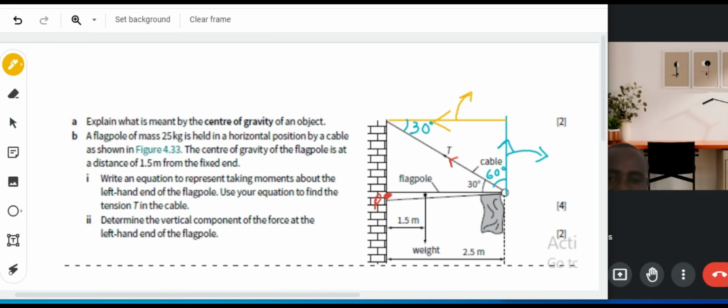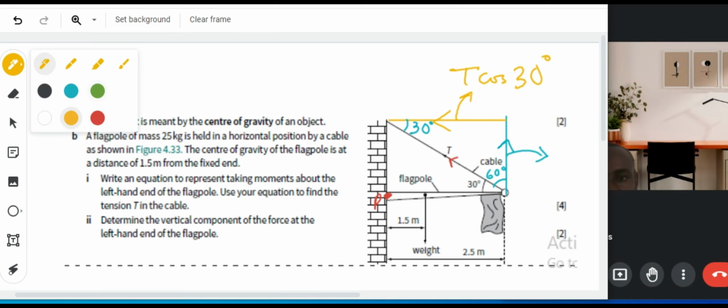That's mechanics. Okay, if we're using this 30 degrees here, this particular component will be T cos 30 degrees, while this particular component will be T sine 30 degrees.